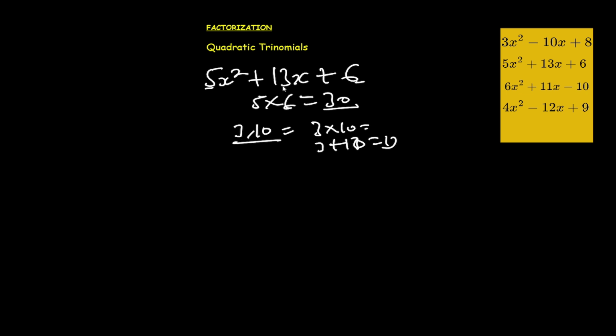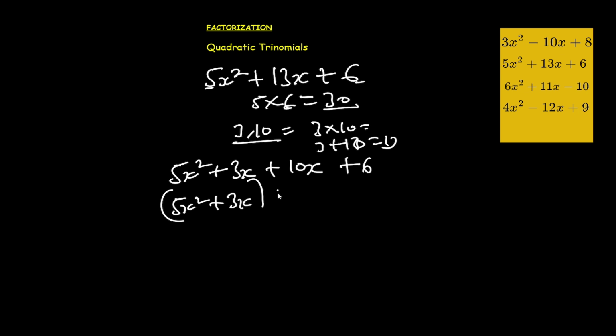So we are going to replace the 13x with 3x and then 10x. 5x squared plus 3x plus 10x plus 6. Then 5x squared plus 3x inside one bracket, and 10x plus 6 inside another bracket.